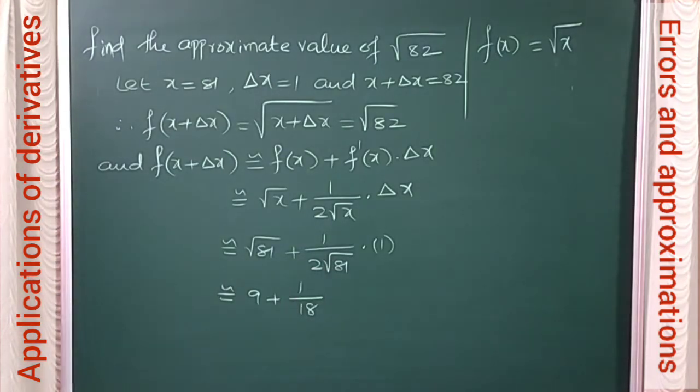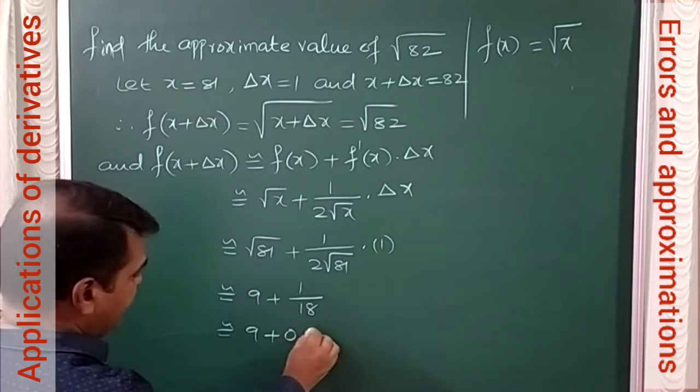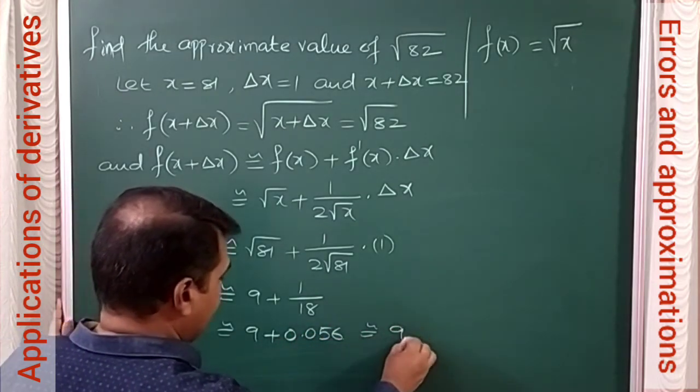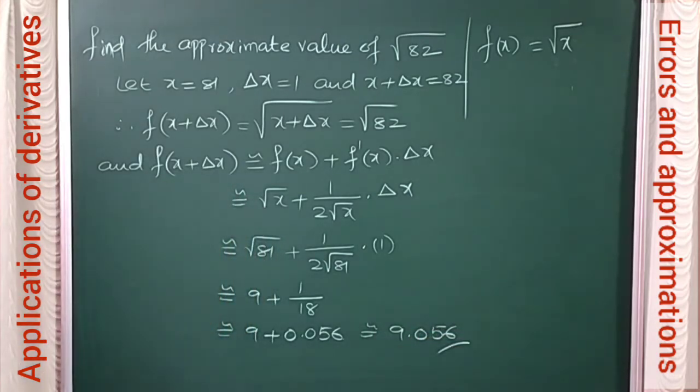Okay, 9 plus 1 by 18 we are getting. 1 by 18 means approximately 0.056. So that means 9.056 is your approximate value of root 82.